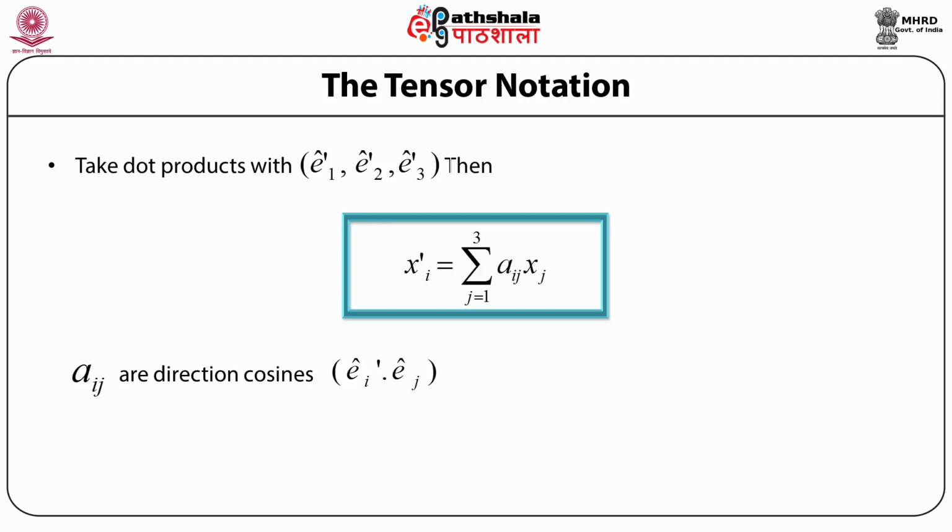That is the dot product between the unit vectors of the two different coordinate systems. And here x subscript j denotes the components of the position vector r in the coordinate system x, y, z, that is in the unprimed coordinate system. And j goes from 1 to 3, where 1 denotes the direction along the x-axis, 2 denotes the direction along the y-axis, and 3 denotes the direction along the z-axis.